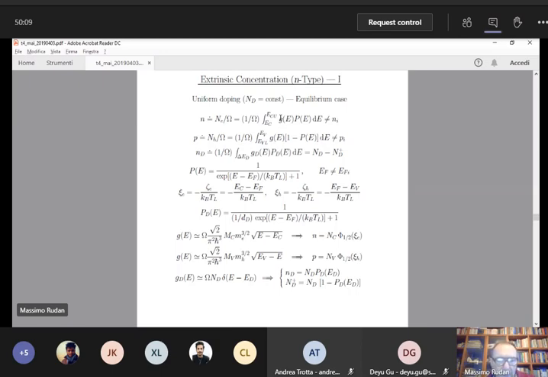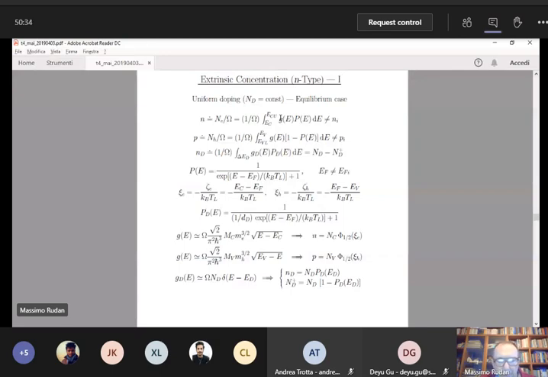Then we have to take the form of the density of states, and that is the stick that we remember from the figure, okay? The stick is very thin because it is localized across the value of the energy state ED of the donor atoms, okay?